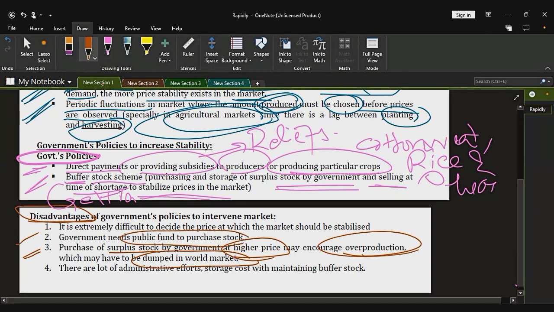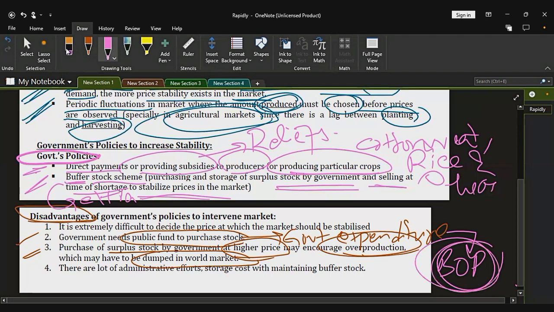It will increase government expenditures, which will adversely affect the government balance of payments. Means government has less funds to pay for international debts.